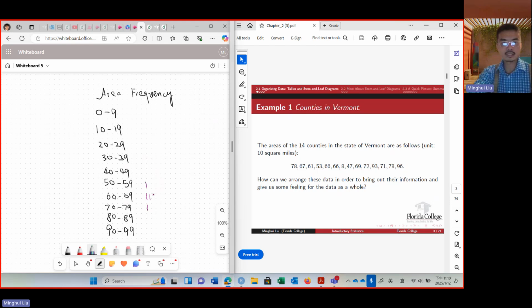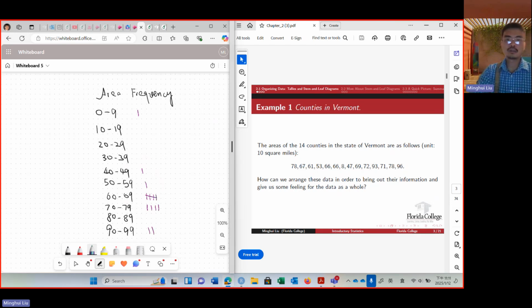And then 66, another 66. And then 8, that's the first group. And then 47 right here. And then 69. When it reaches 5, usually we just draw a line like this to indicate this is a 5. And then 72, and 93, 71, and 78, and 96.